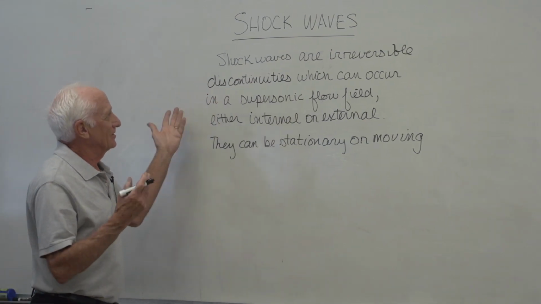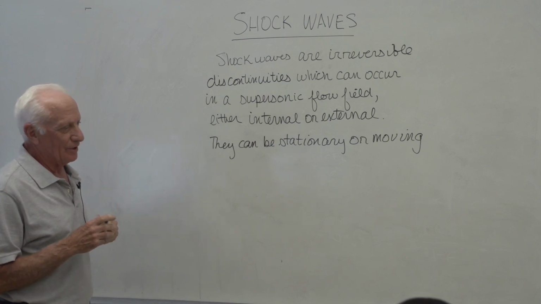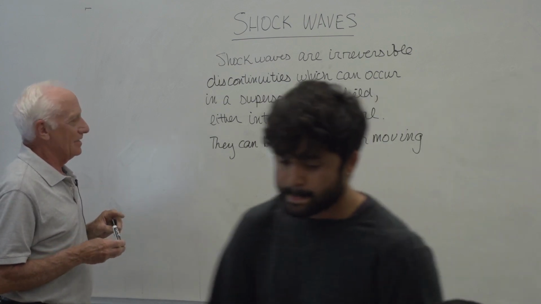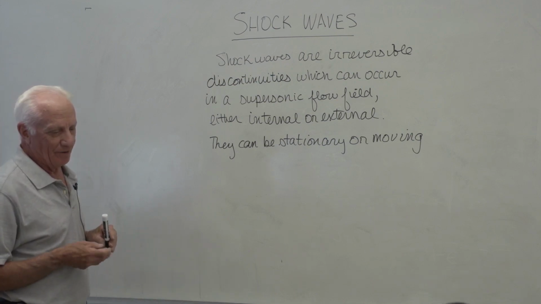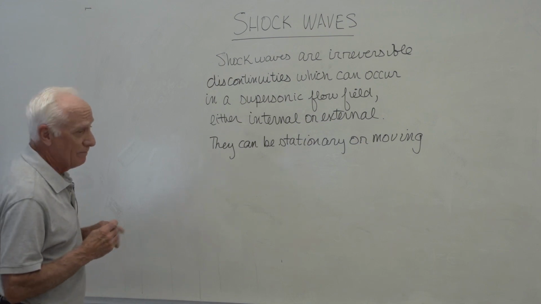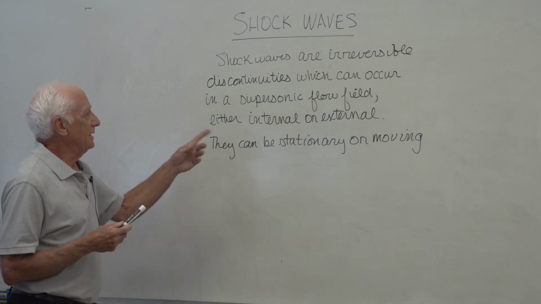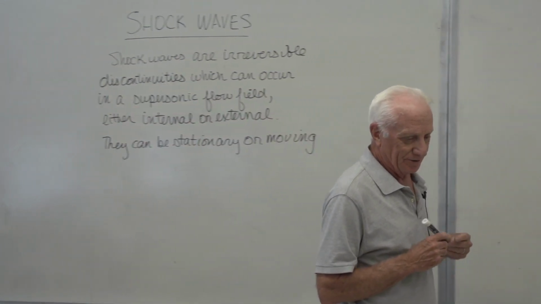Shock waves, the official definition here: irreversible discontinuities. They can occur in a supersonic flow field. That gives you a big hint right there. They can be either internal or external. I think we're all familiar with external shock waves.